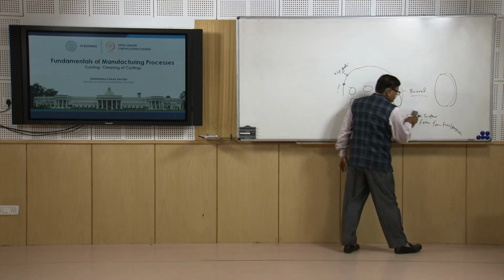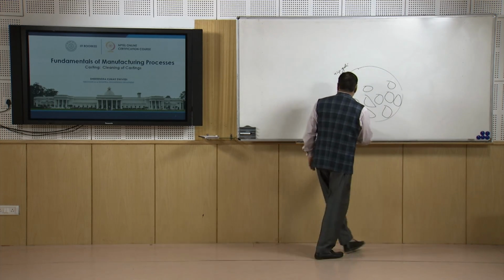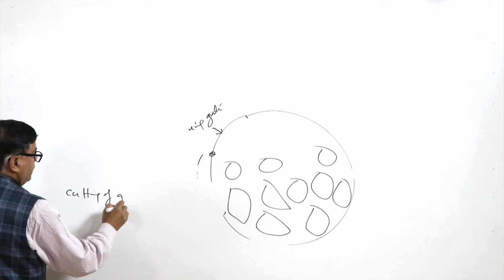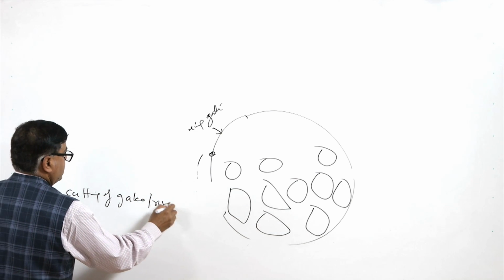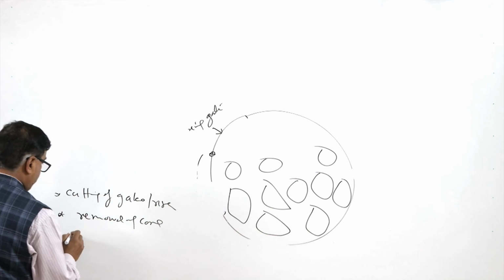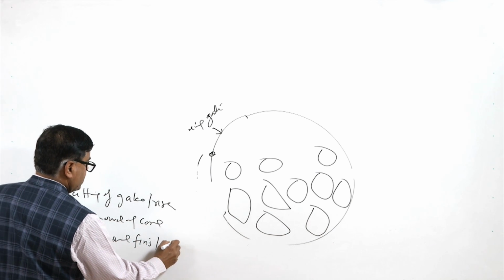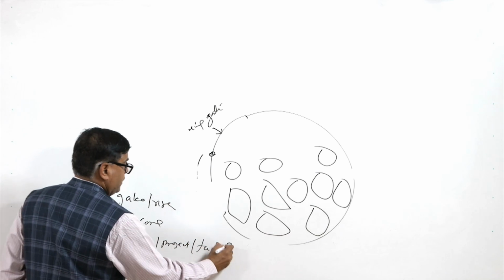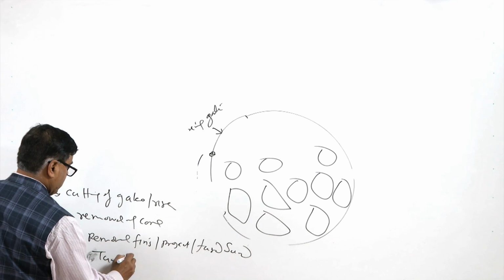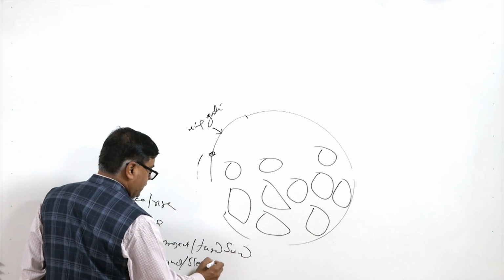So, these were the different things related to the cleaning of the casting, and the entire steps like the cutting of the gates, risers, etc., removal of core, or removal of the fins, projections, fused sand, and tumbling or the sand or steel ball blasting.